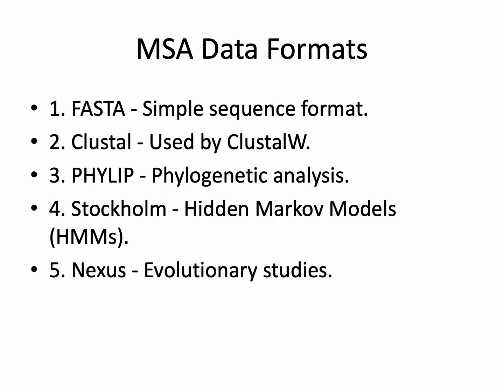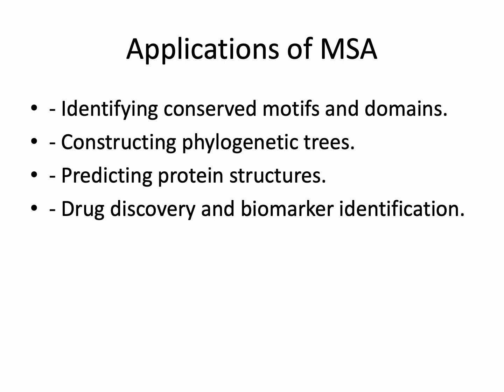These are a few data formats that MSA uses, like FASTA, Clustal, PHYLIP, Stockholm, which is dependent on hidden Markov models, and then Nexus for evolutionary studies. Key applications of MSA include identifying conserved motifs and domains, constructing phylogenetic trees, predicting protein structure, drug discovery, and biomarker identification.